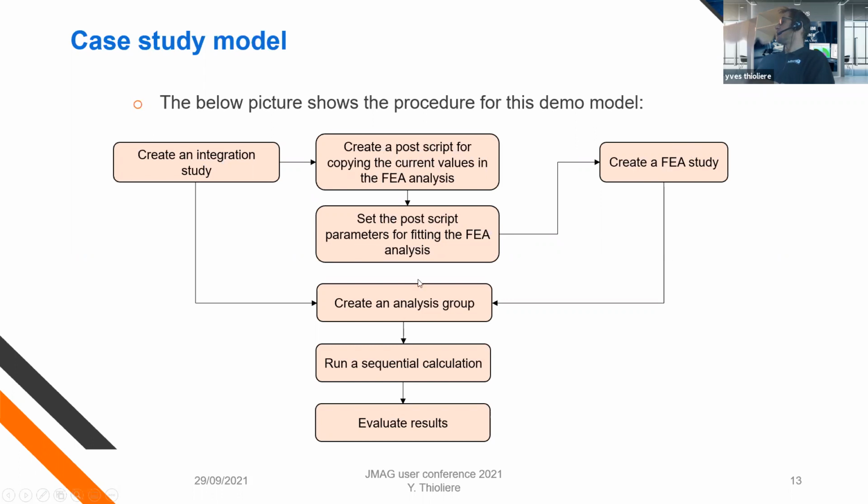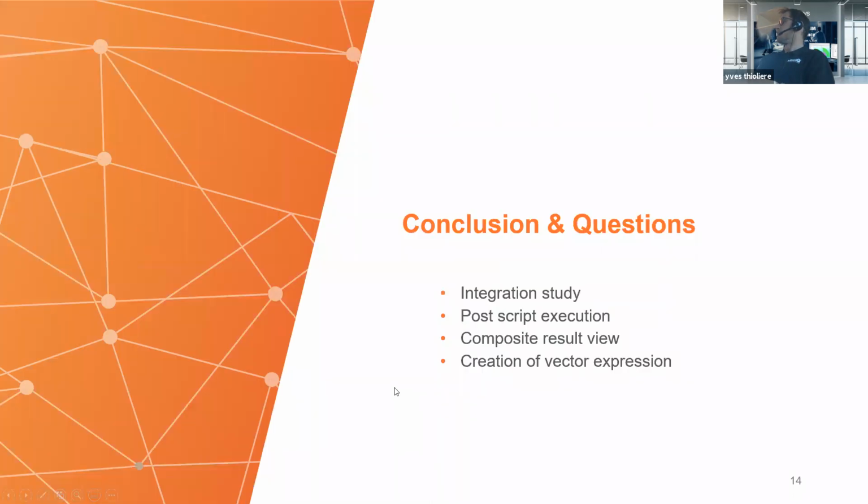Then the FEA model will be run, and all those will be placed into an analysis group for an easy calculation, easy run. So one click runs both. And then this is in fact a sequential calculation, but one click will run both, and I will evaluate the results.